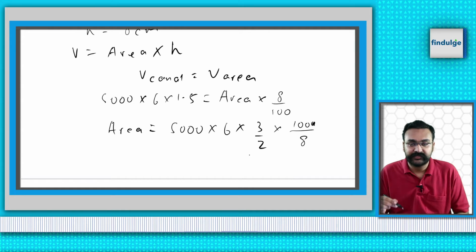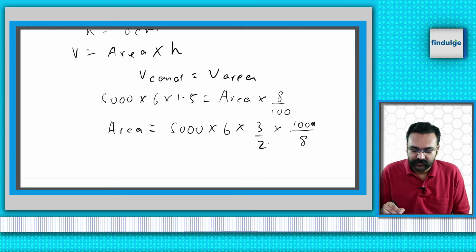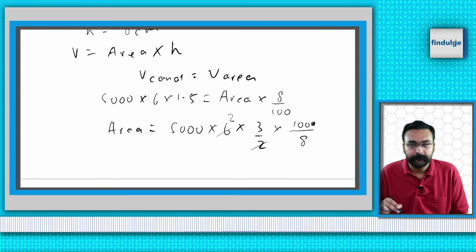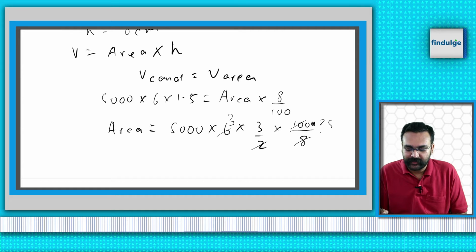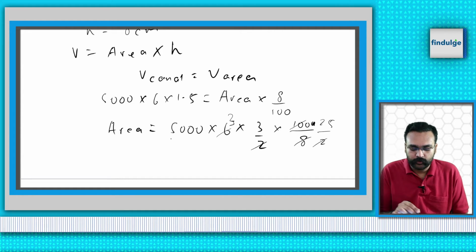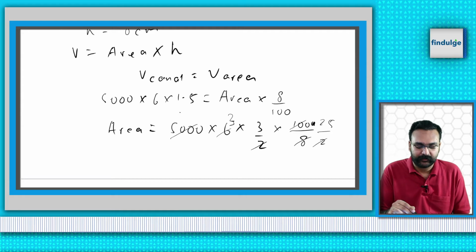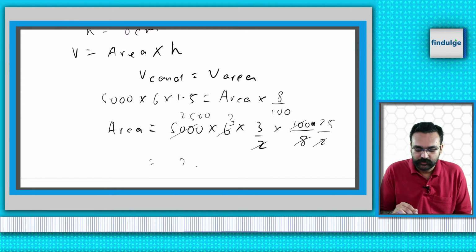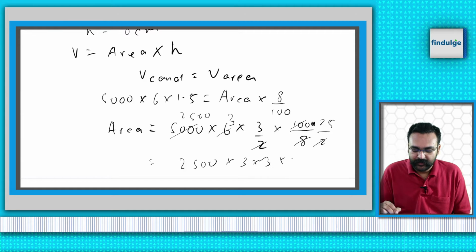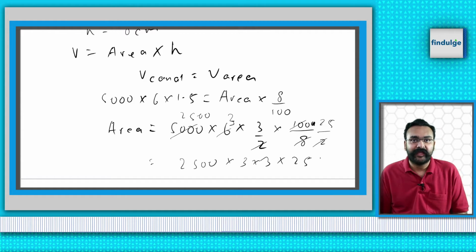And so now we will simply cancel as much as we can. So of course 2 I'll cut with 6 to make it 3. 8, so 4 and 4, this will become 25 upon 2, and 2 and 5,000 will become nothing but 2,500. So my area is 2,500 into 3 into 3 into 25, and of course this is all in meters, so it will be meters square.